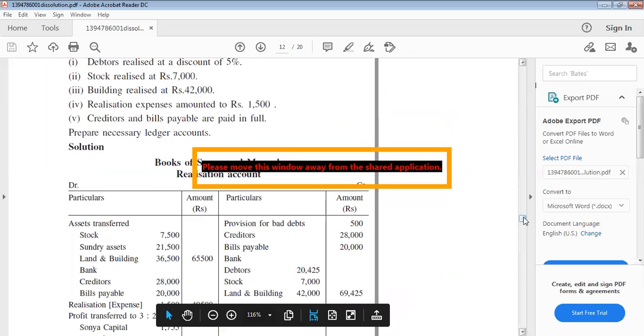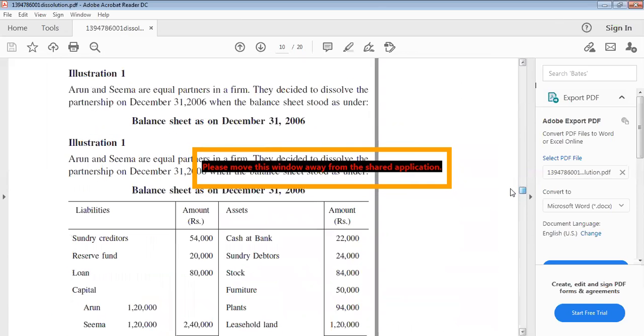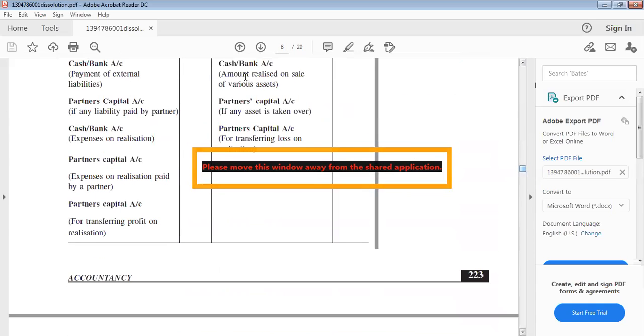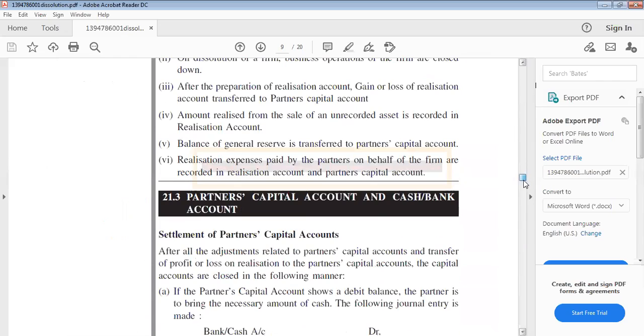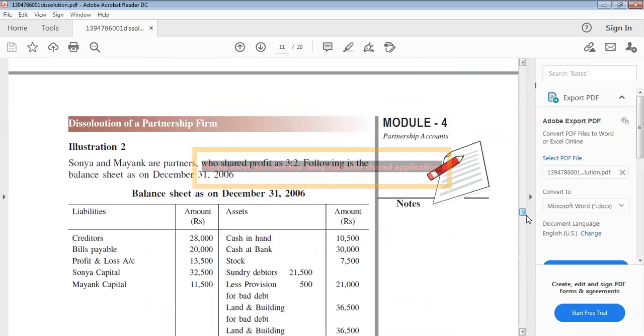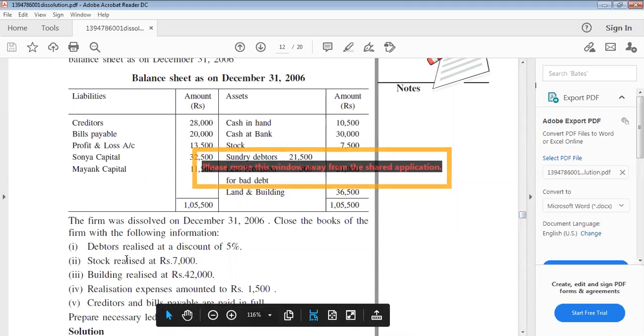Then after which you will put in what next now? Next by the format is amount realized on sale of various assets. And that in this case now would be these debtors, stock, and building.